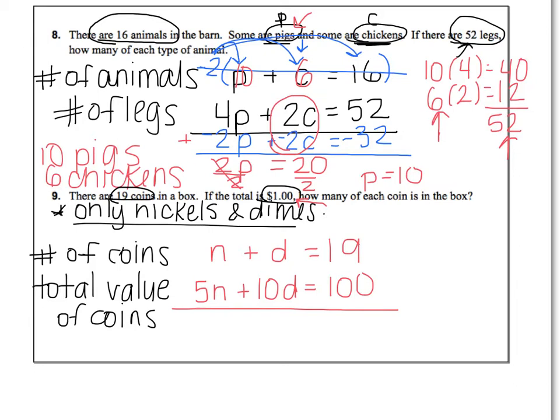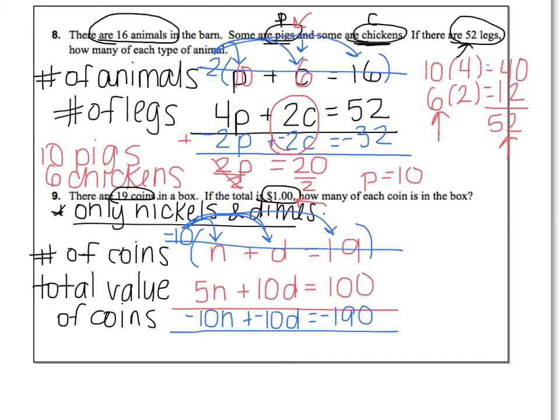In this case, I'm going to choose to eliminate my dimes, which means I need the opposite of 10 dimes, which would be negative 10. So I'm going to take this negative 10 and distribute it to everything on the top. So negative 10 times n gives me negative 10n, plus negative 10 times d gives me negative 10d, and negative 10 times 19 gives me negative 190.